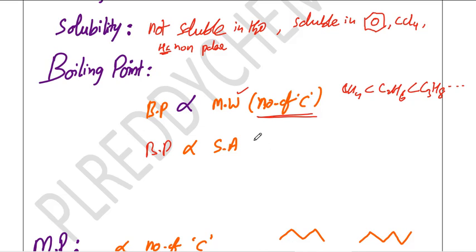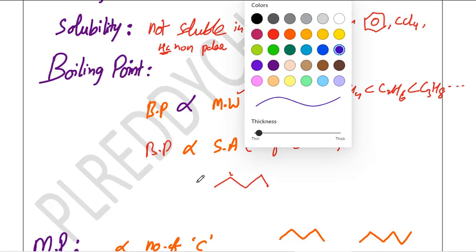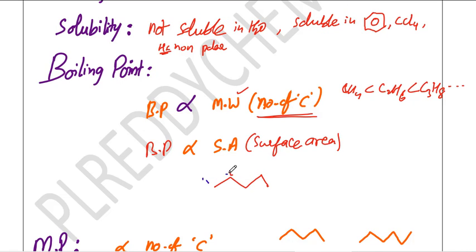Then boiling point is directly proportional to surface area. Suppose I am taking pentane: 1, 2, 3, 4, 5.